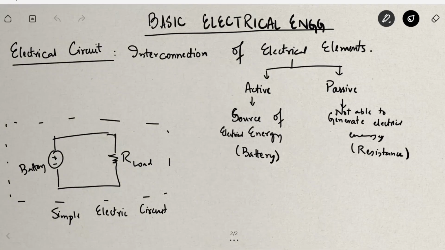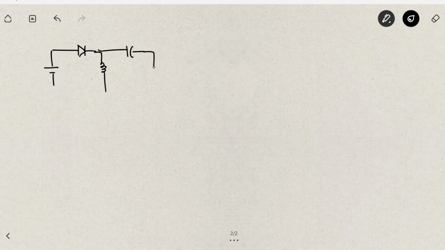Now if we talk more about electrical circuits, we can even have some complex circuits like this. You may have a diode installed in a circuit, you may have an inductance, you may have a capacitance. I may not be able to tell right now how this circuit is behaving, but I'm just showing an interconnection of different elements.